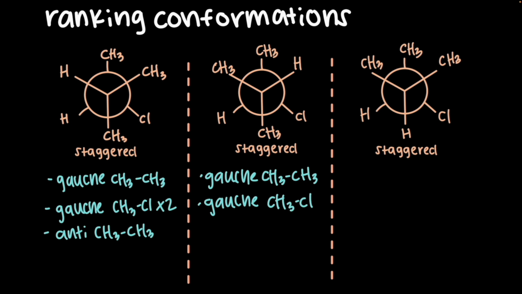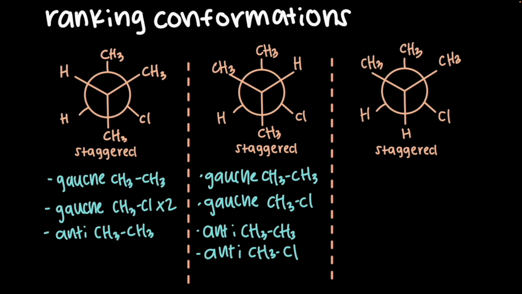For anti-interactions, I have a CH3CH3 and a CH3Cl as well. This Newman projection is already going to be more stable than the first because we have more anti-interactions and less Gauche interactions.